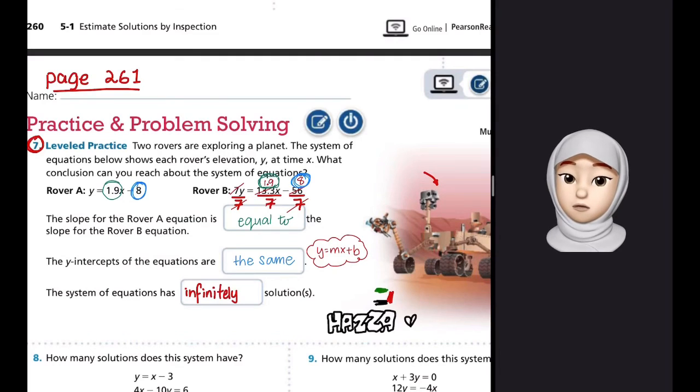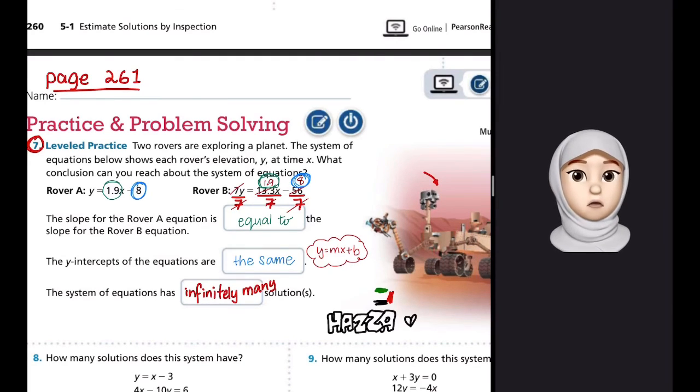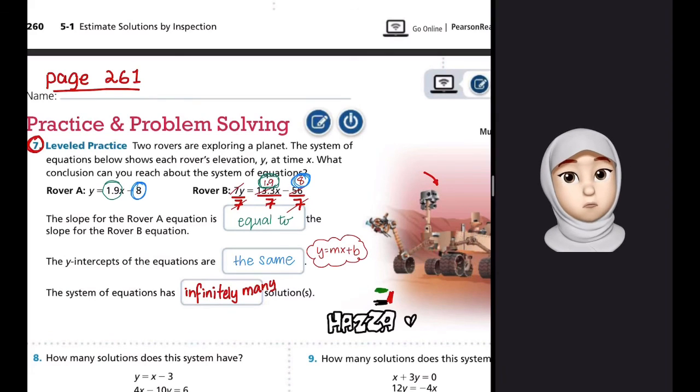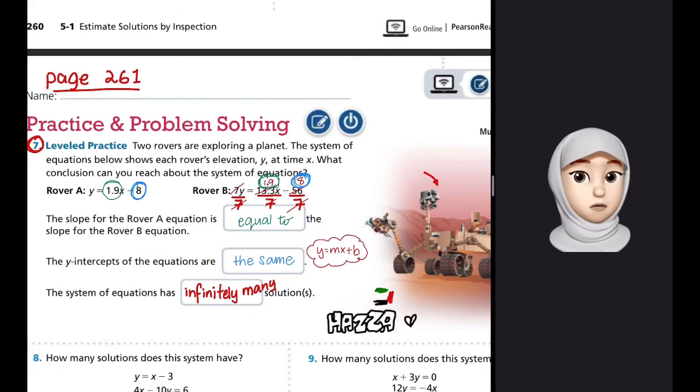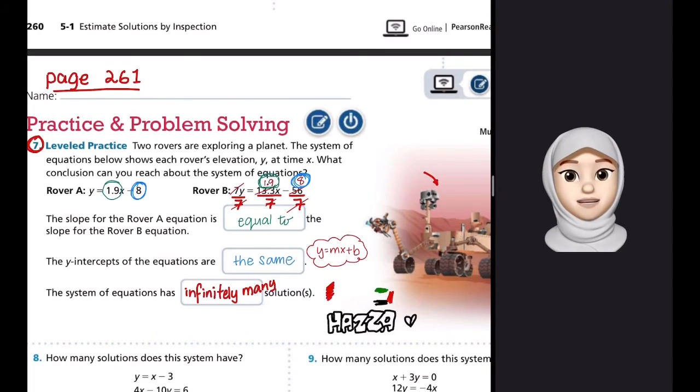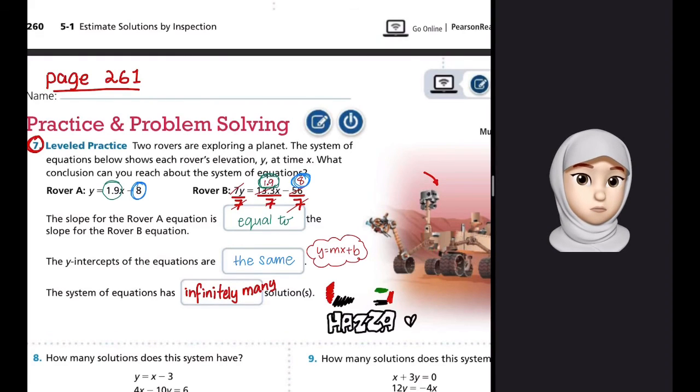So either you use the first way, graphing both of them, or the second way, comparing the slopes and the y-intercepts, and you can know that there are infinitely many solutions.